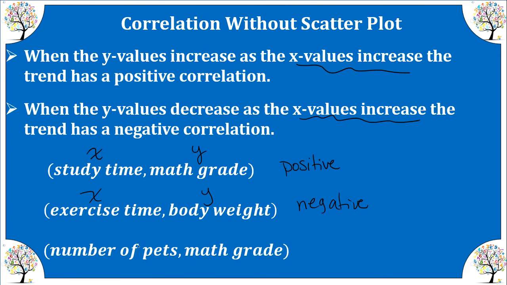The more pets you have, does that have any effect on your math grade? No, that's a bit silly. So we say there's no correlation. So one more time, always ask yourself, as the x values increase, what happens to the output?